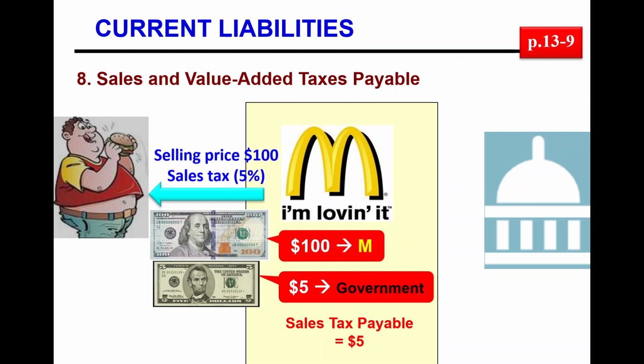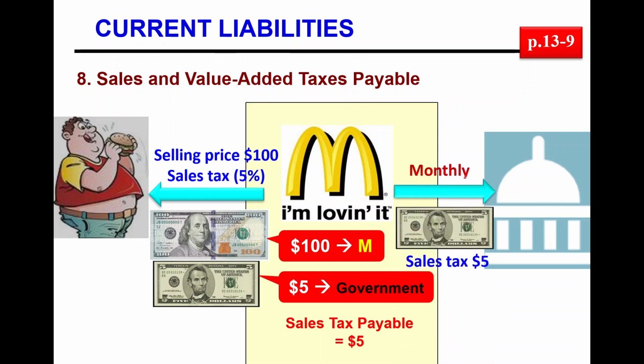In the future, like next month, McDonald's has to pay the $5 to the government. So at this moment, your company got the $5, but the $5 is not yours, right?